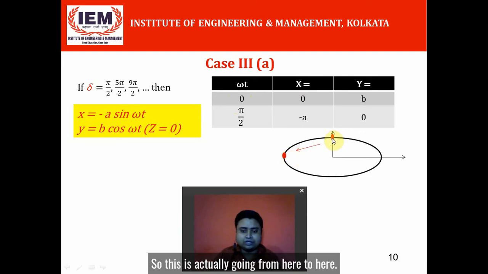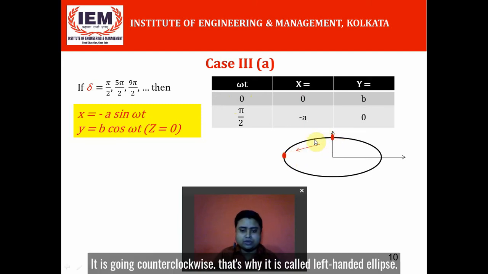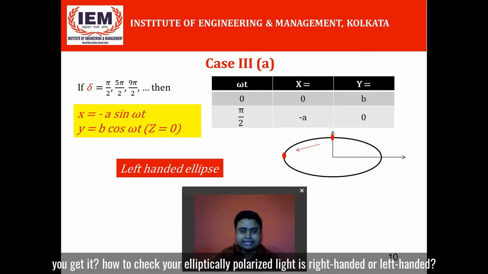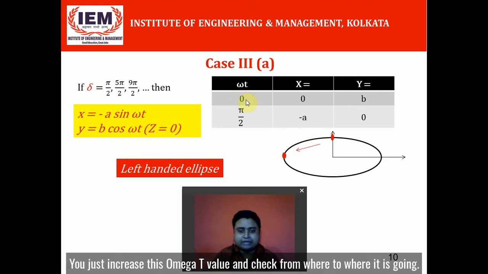So this is going from here to here, so it is going counterclockwise. That is why it is called a left-handed ellipse. So the elliptically polarized light is left-handed elliptically polarized light. So you get it, how to check whether your elliptically polarized light is right-handed or left-handed? You just increase the omega t value and check from where to where it is going.